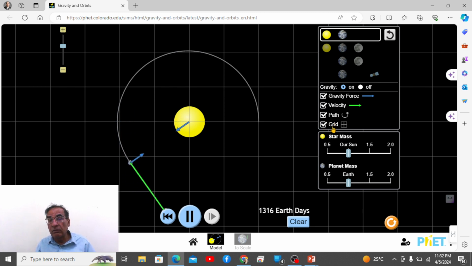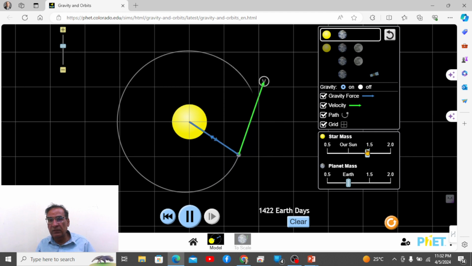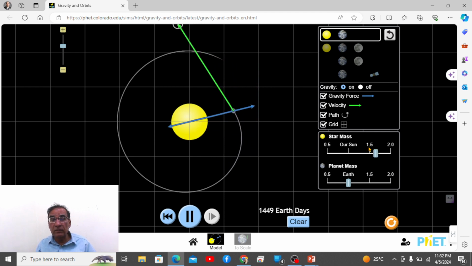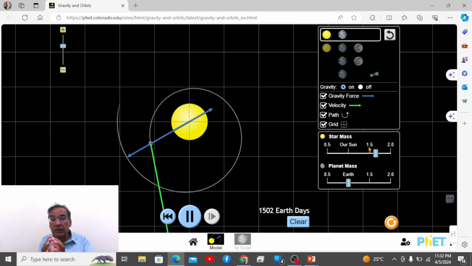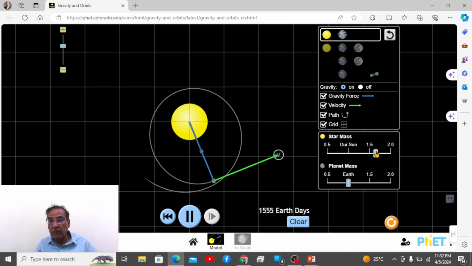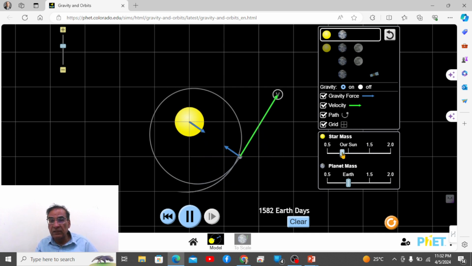Similarly, if we increase the mass of the star, meaning the sun, what is going to happen? Now you can see its orbit is becoming smaller and smaller. So the orbit changes with the change of the mass.